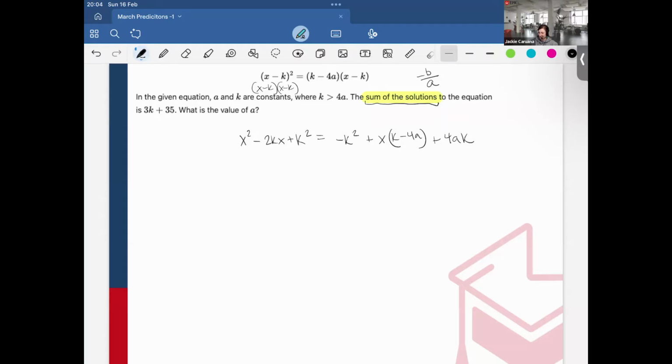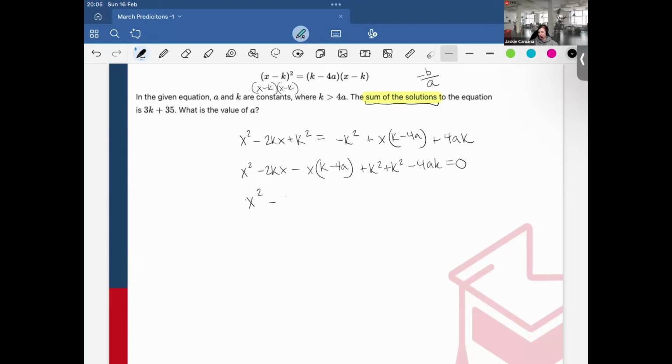Okay, now I want to put everything in terms of 0. Let's do that. Okay, so basically we'd have x squared minus 2kx minus x(k minus 4a) plus k squared minus 4ak is equal to 0. Again, I'm going to factor out my coefficient of x.